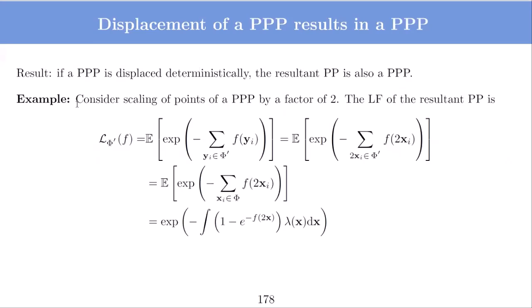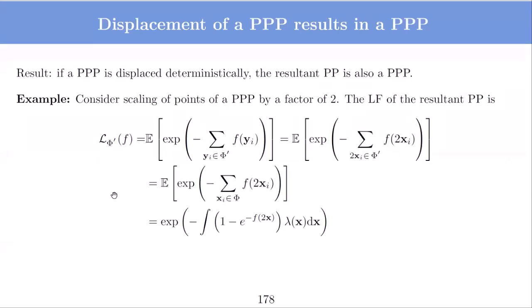So to show this, if you displace a PPP deterministically, you also get a PPP, we have to start with the Laplace functional. Here we are taking a particular example of scaling, but this can be proved for the general result also. Consider scaling of points by a factor of 2. The Laplace functional of the resultant point process is given as the expectation of exponential of minus the summation of f(y), where the summation is over the new point process phi dash.